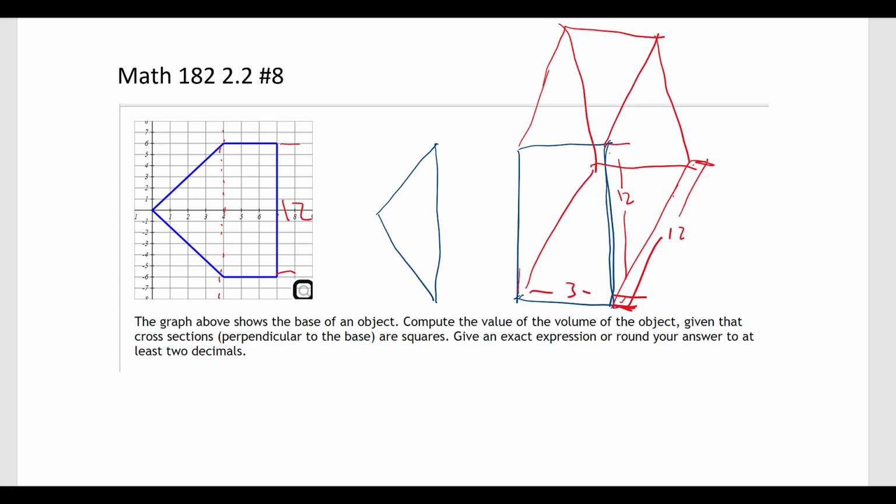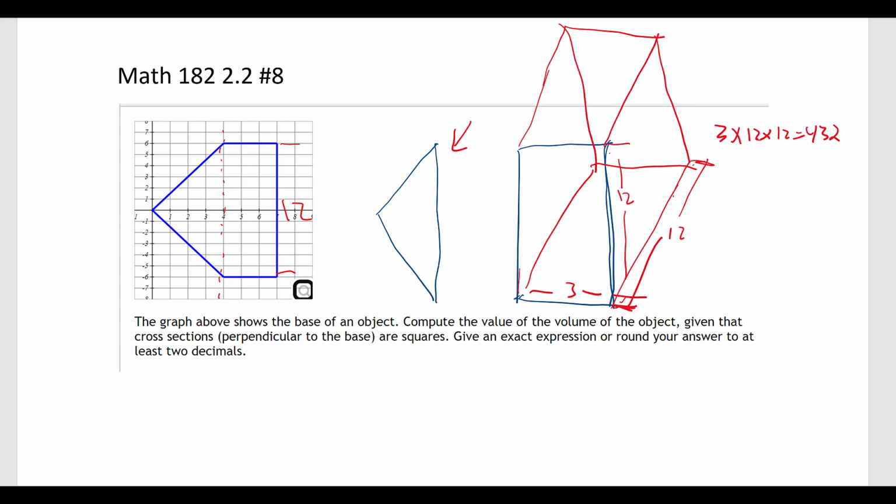I apologize. So we're looking at this rectangular prism. This is 3 across by 12 by 12. So 3 times 12 times 12 is 432. So that's part of it. Now we need to look at this region.